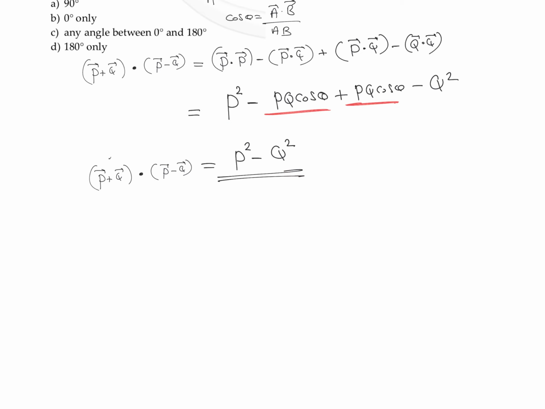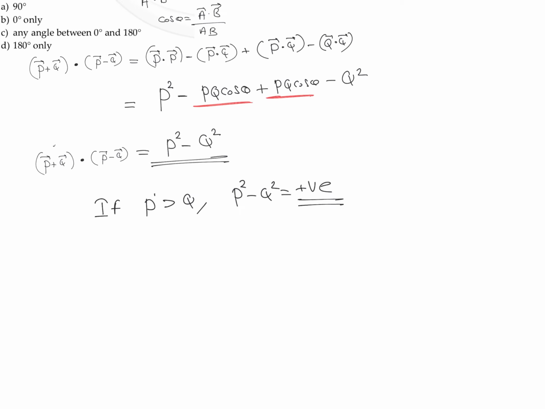Now the value of P square minus Q square will decide the value of cos theta, because A dot B is AB cos theta. If P is greater than Q, then P square minus Q square is a positive value.